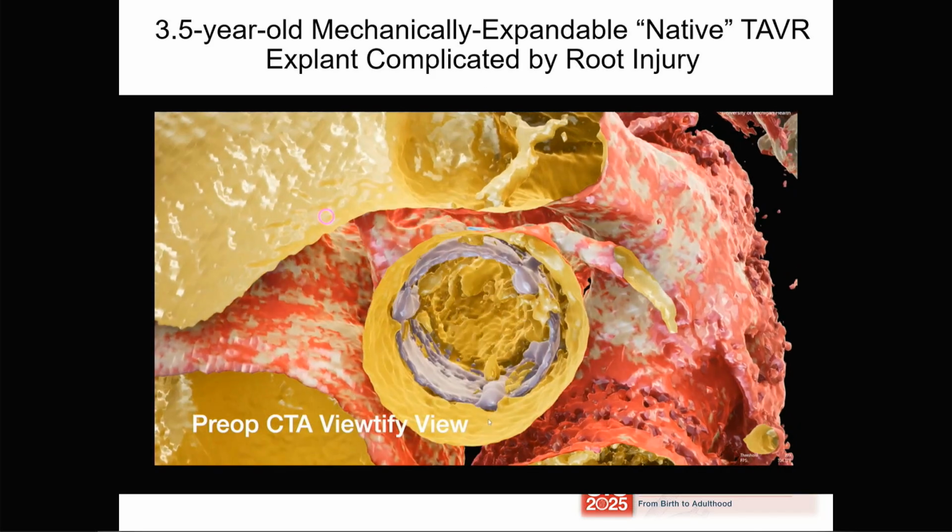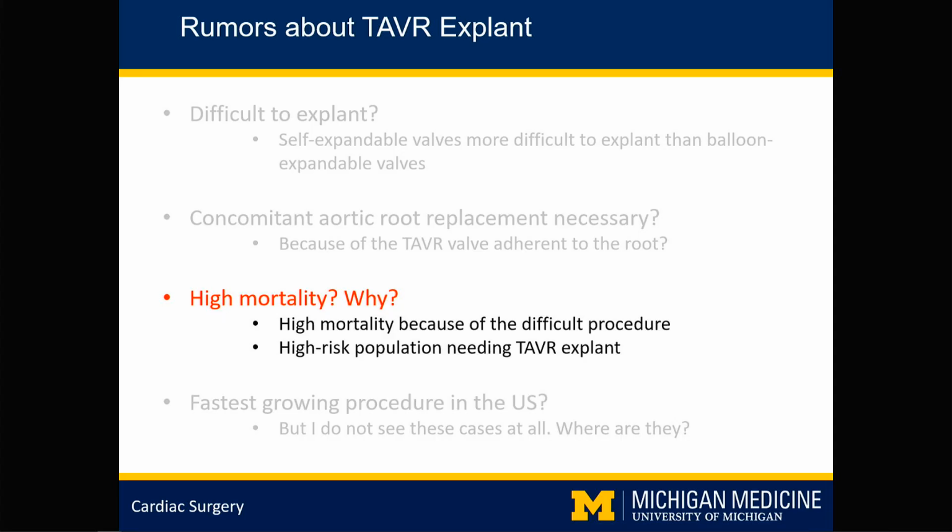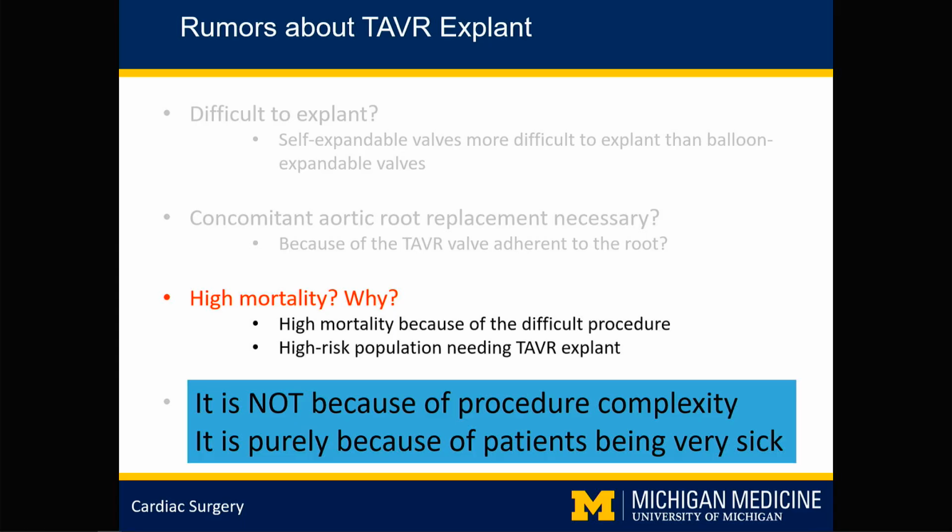As I mentioned, it's not because of procedure complexity. It is purely because the patients are very sick. TAVR explants are typically deferred until critical conditions. That's what we see all the time.